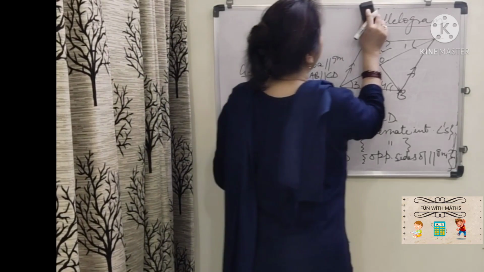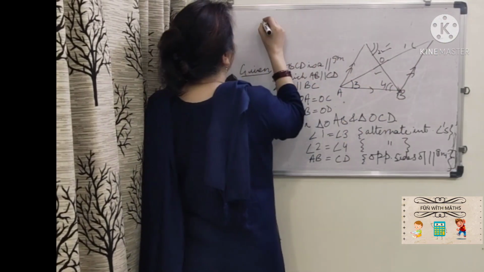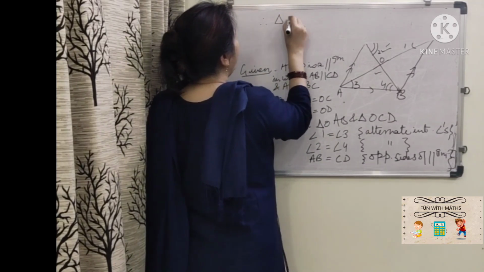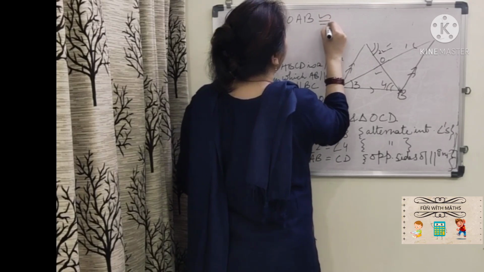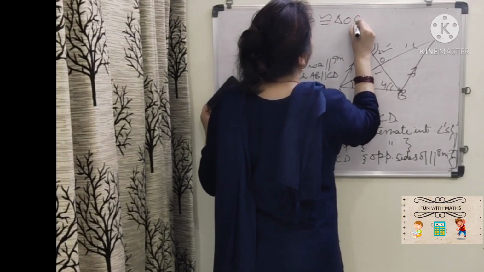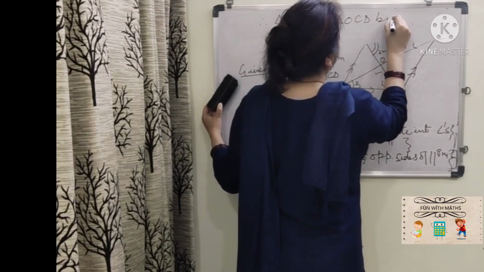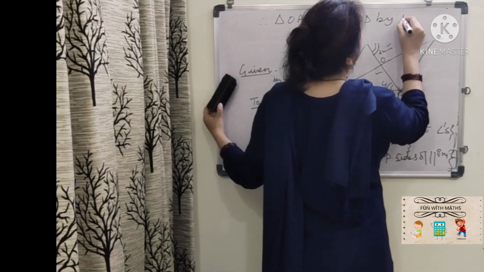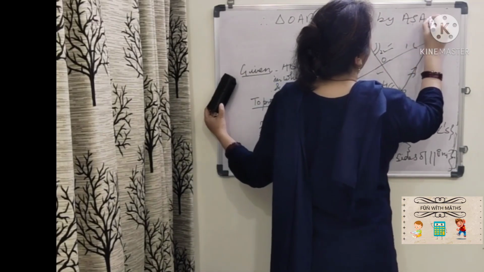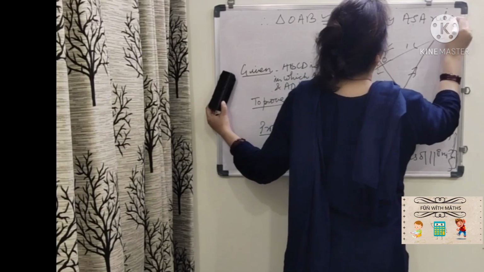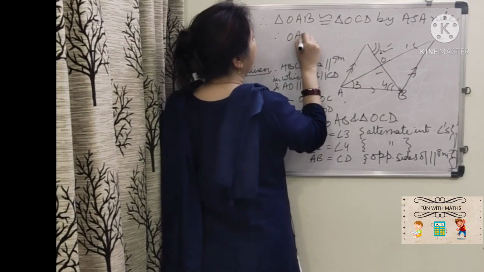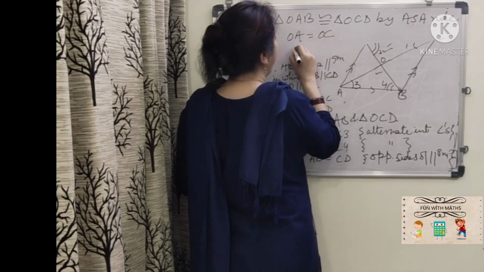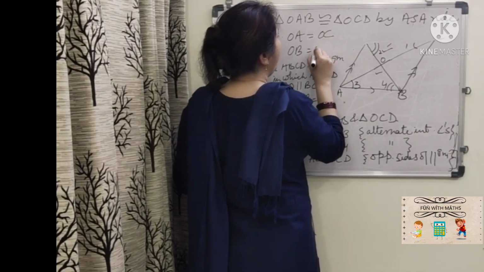Now we write, therefore, triangle OAB congruent to triangle OCD by ASA rule. And therefore, OA is equals to OC and OB is equals to OD.